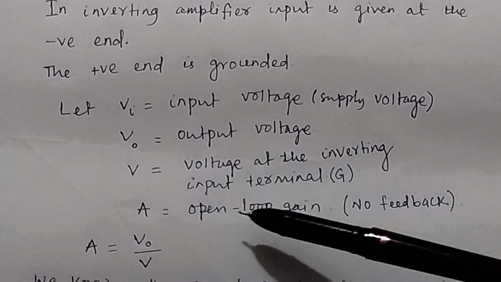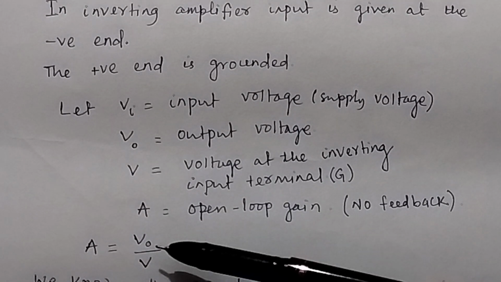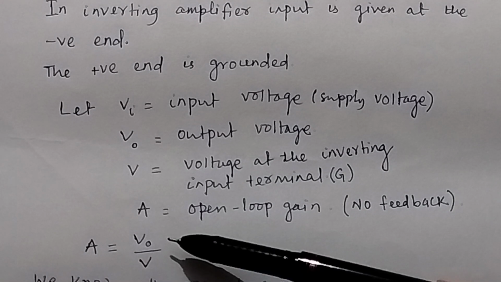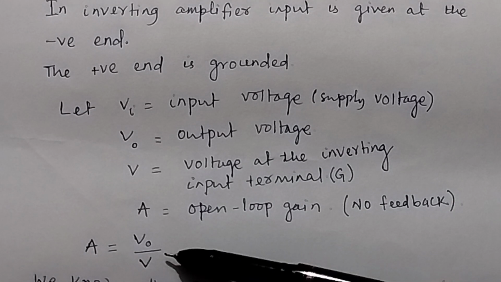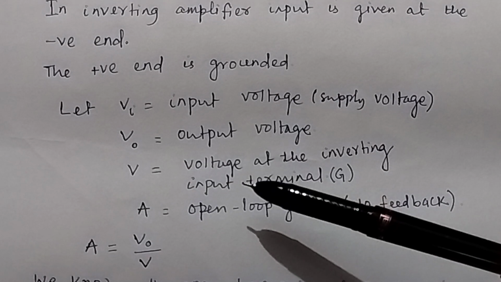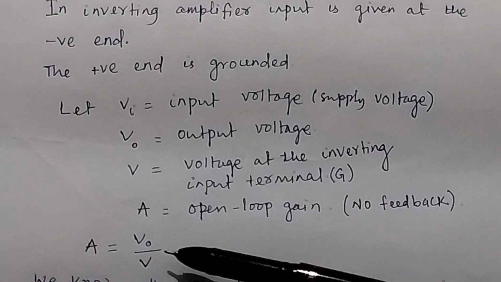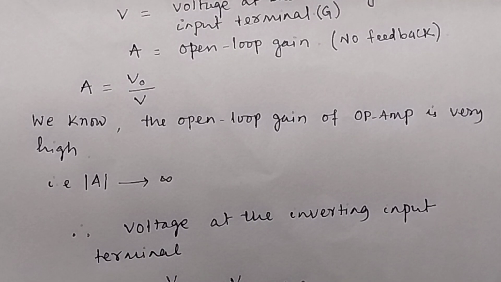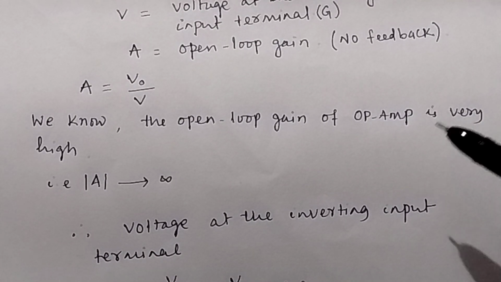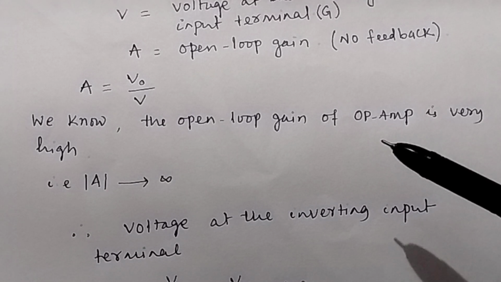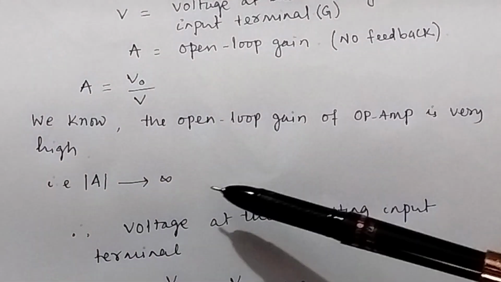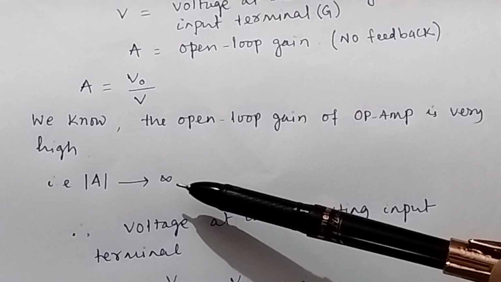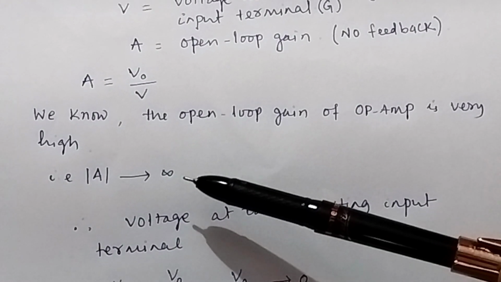So A is equal to output divided by input, where output is V0 and input is the voltage at the inverting input terminal, so A equals V0 divided by V. And in the previous video I also discussed that the open loop gain of the operational amplifier is very high. That is, the magnitude of A is very high, so you can take it as infinity.